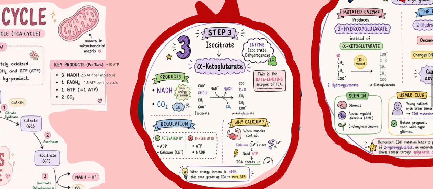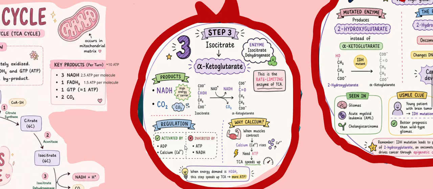Now, just remember that this enzyme is activated by high levels of ADP and calcium, which means ADP, I always told you, whenever you have ADP in a cell, it means that the cell is low on energy. So whenever there's ADP or calcium, basically you need to activate the isocitrate dehydrogenase to convert the isocitrate into alpha ketoglutarate so the Krebs cycle can keep going, right?